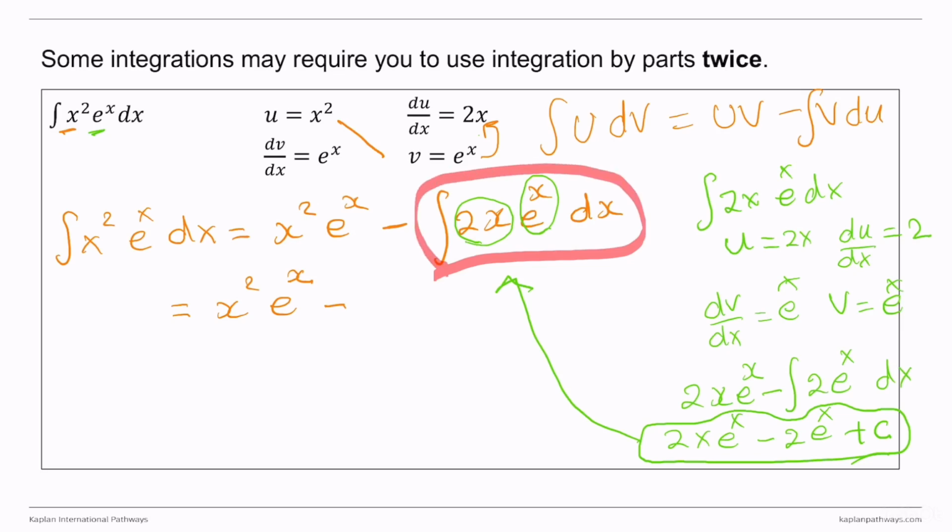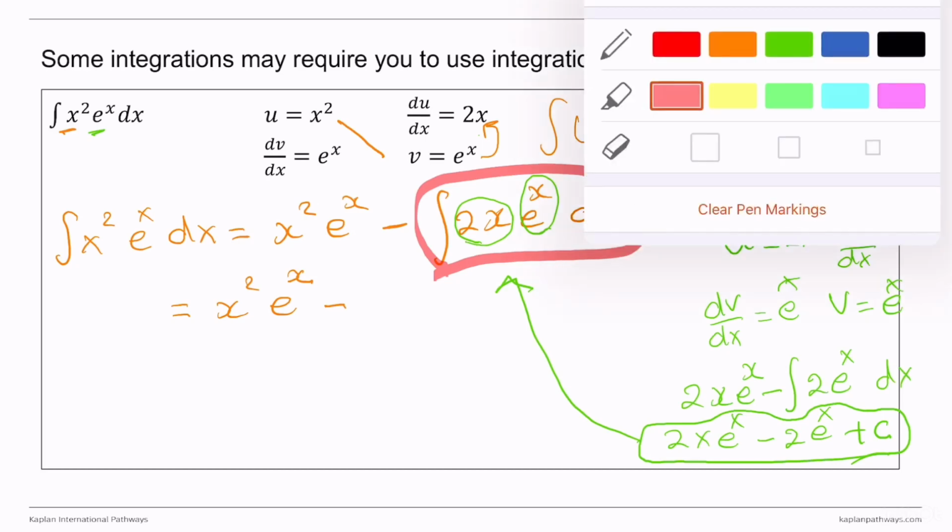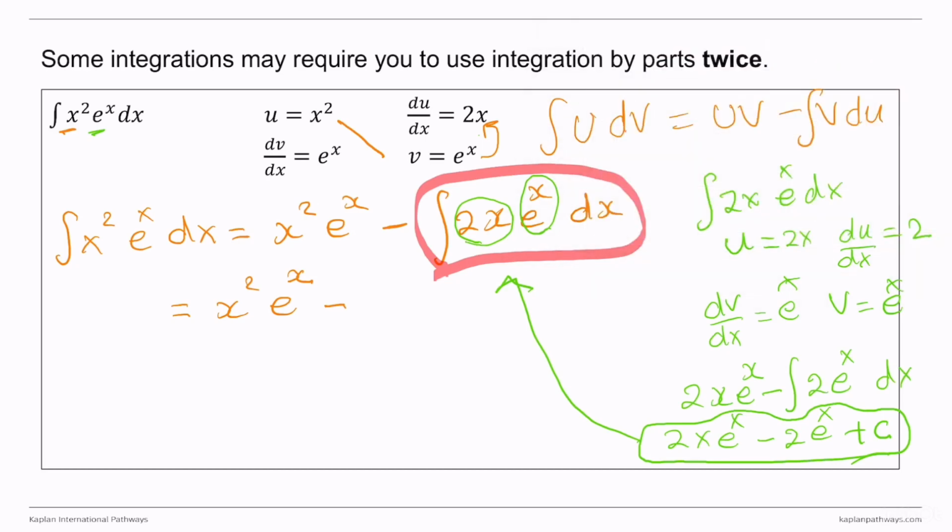Okay, so I'm going to rewrite it again. So this equals then, if we call this integration I, I equals x squared e to the power x, which is this one, right?